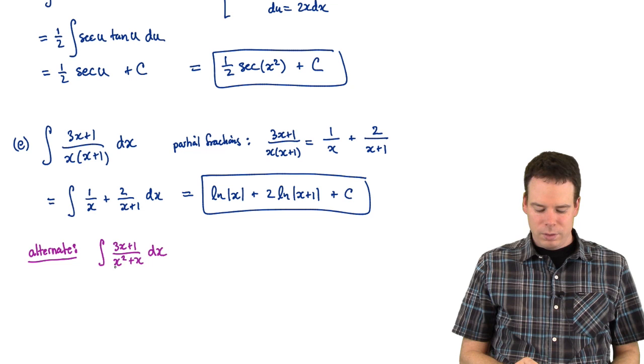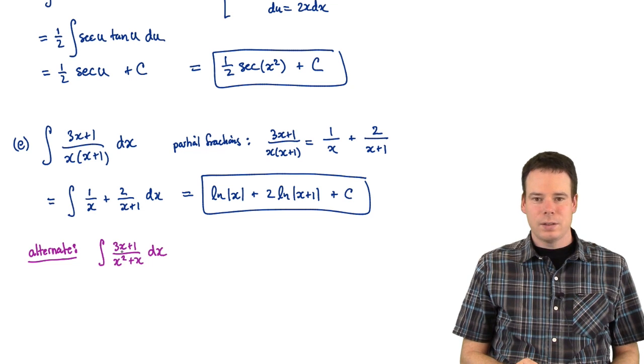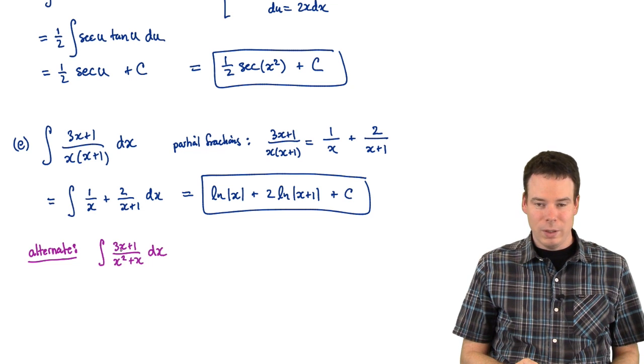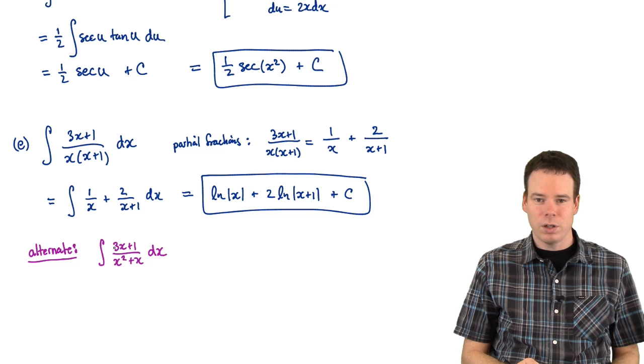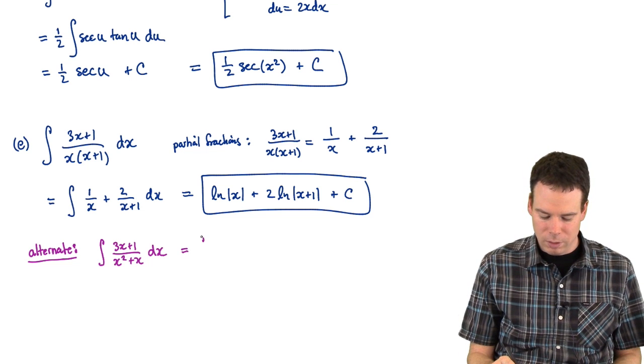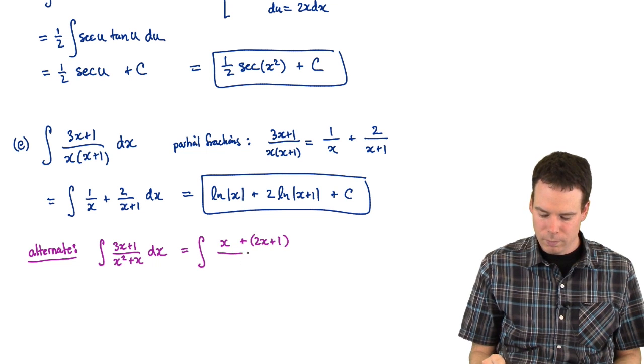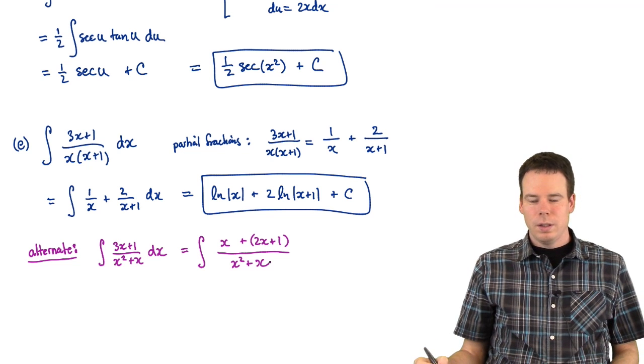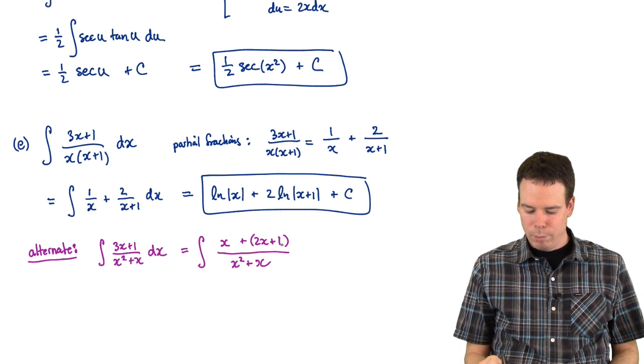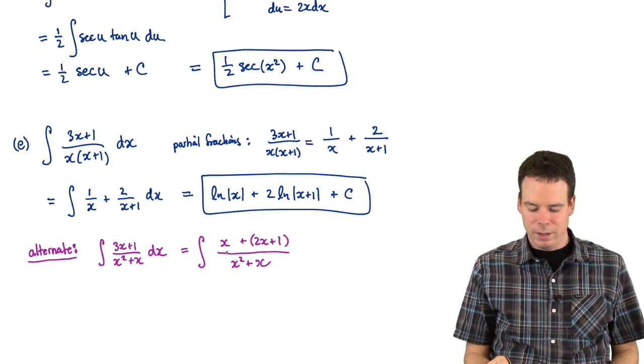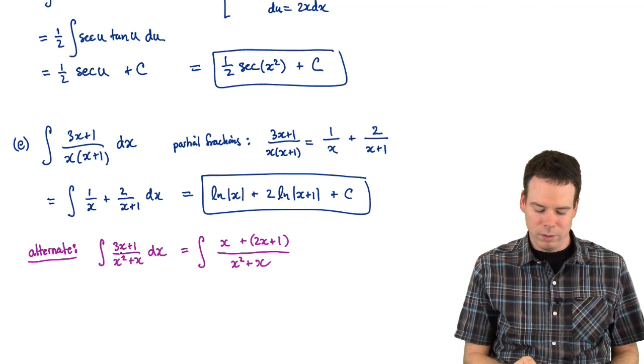Now, I noticed that if this was a 2x rather than a 3x on top, that would be a direct substitution because the derivative of the bottom would be the thing on top. But it's not a 2x, it's a 3x. However, I could write it as a 2x plus 1 in this way. Now it's 2x plus 1, but there's also this plus x because the real numerator had a 3x there.